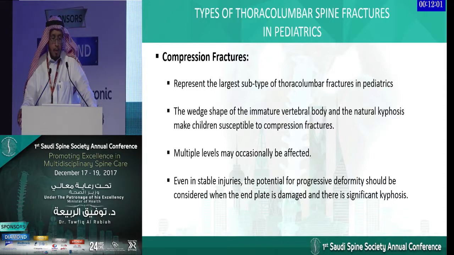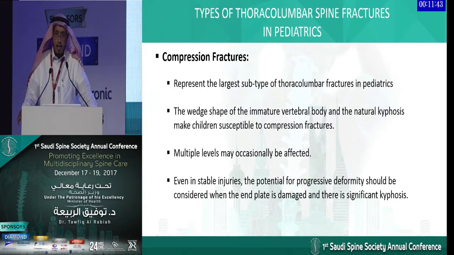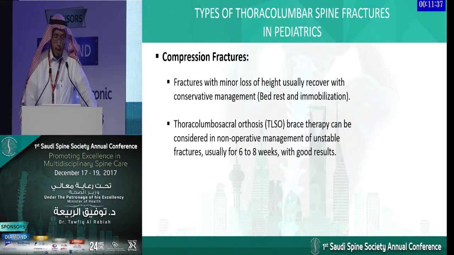And usually multiple levels are involved. Even in stable injuries, we have to keep in mind that progressive deformity could happen if the end plate, growth plate, is damaged and there is significant kyphosis. So we have to follow them for a longer period of time for these progressive deformities.